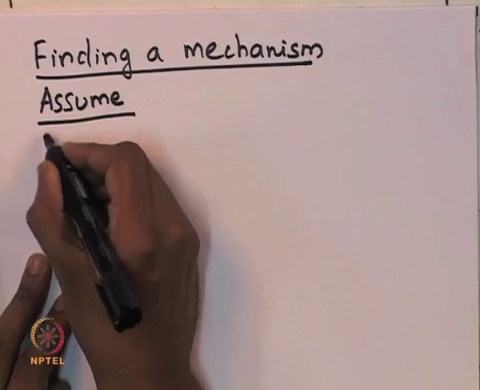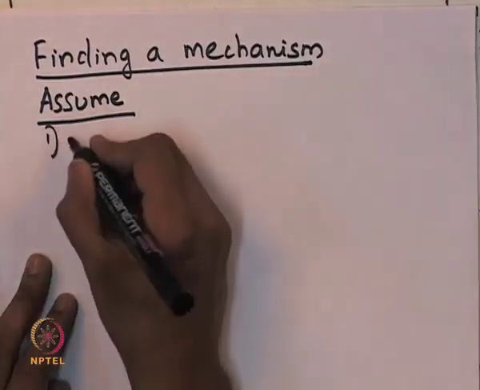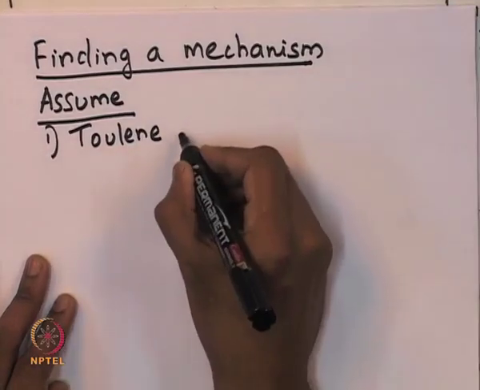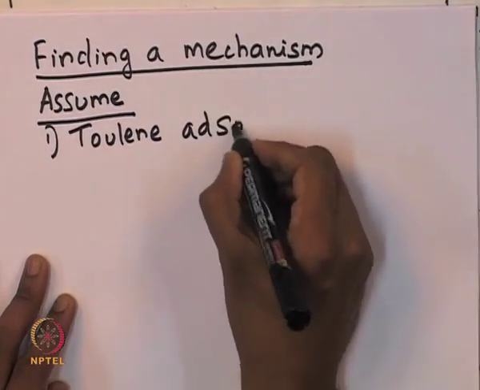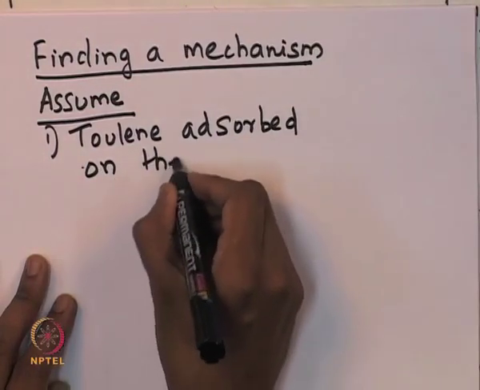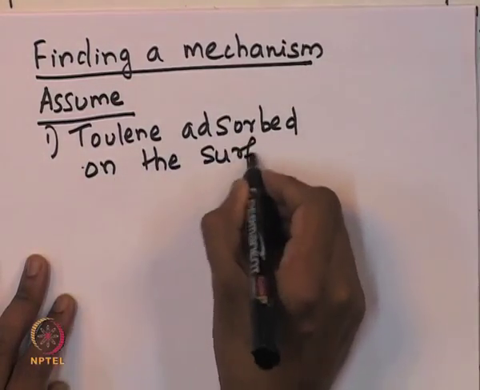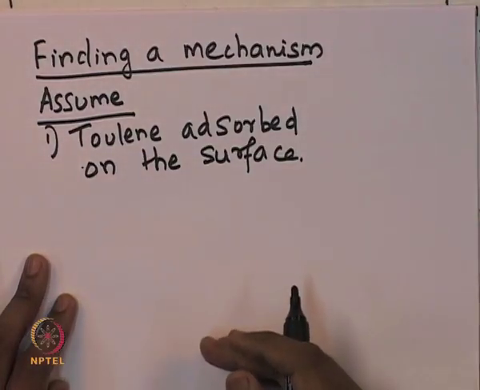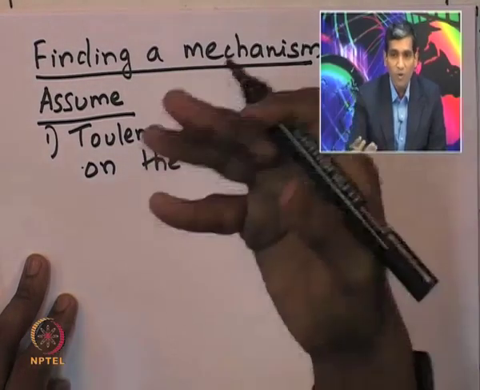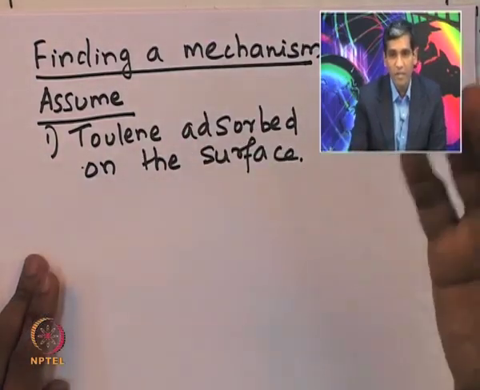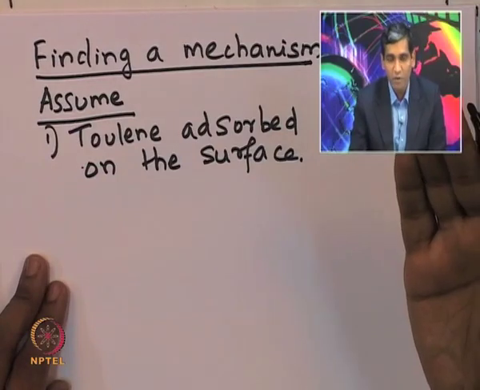that the toluene is adsorbed on the surface, so remember that from the experimental data we observed that at low concentrations of toluene, the reaction rate increases with the partial pressure of toluene.